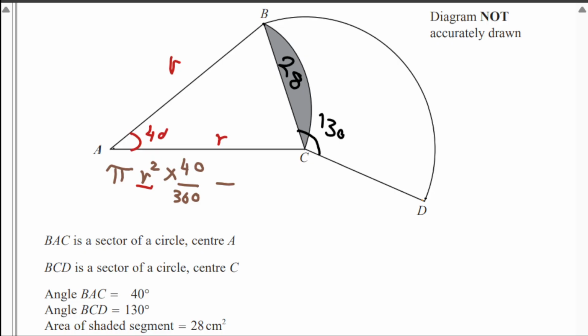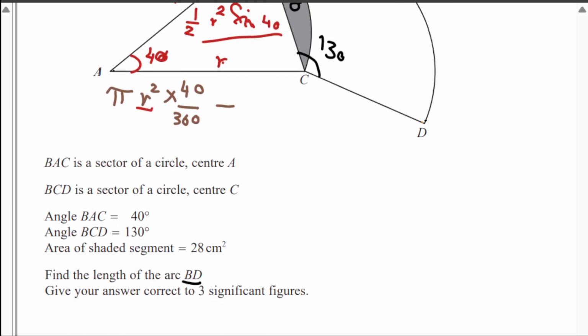Now, using the area formula for this triangle will be half times this side times this side, so it becomes r squared, because it's r times r, sine the angle, which is 40. Now let's write this.